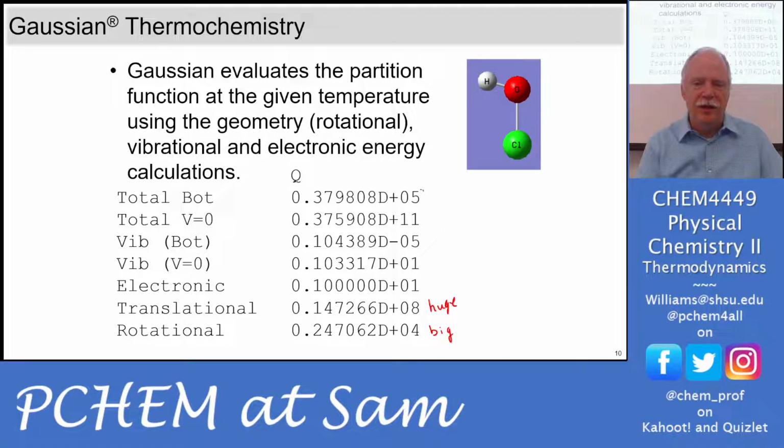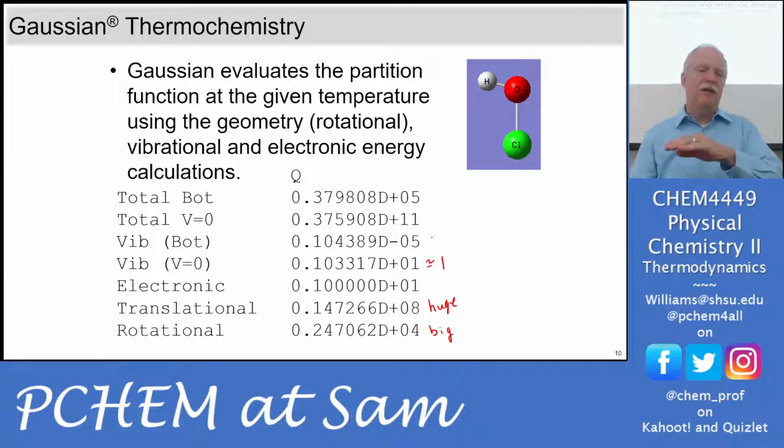But then up here we have the vibrations. And notice how with V equals 0, it's essentially equal to 1, because all of the molecules are in their ground vibrational state.